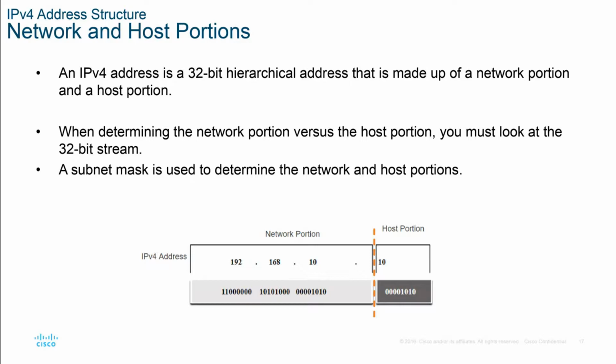The reason we need to know this is because our router gets a packet, opens up the address, and determines what network it's on. The only thing the router is concerned with is the network portion, which in this example is 192.168.10. It doesn't care anything about the host part.